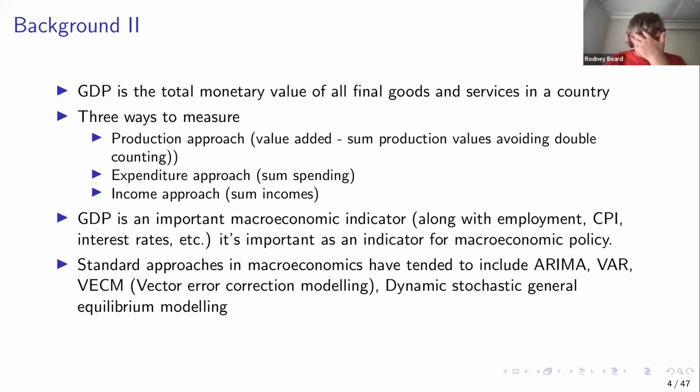The other method, which has become widespread particularly in the central banks, is dynamic stochastic general equilibrium models. These are more theoretical models, which are then estimated using statistical methods, often Bayesian methods, to estimate the major relationships between the different macroeconomic variables.